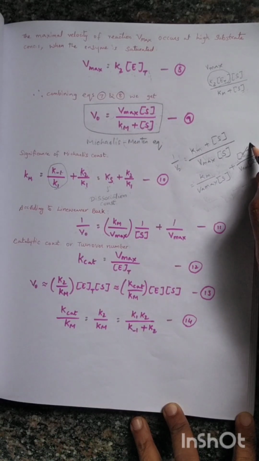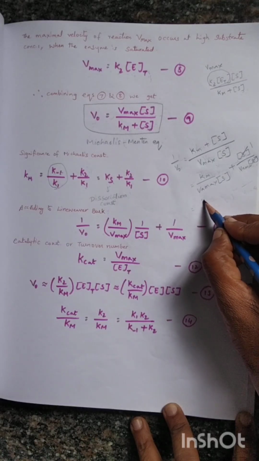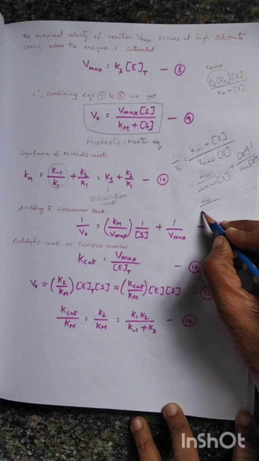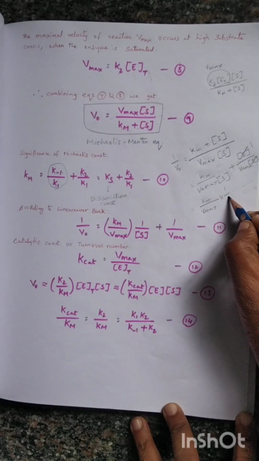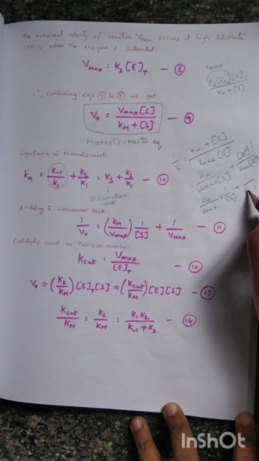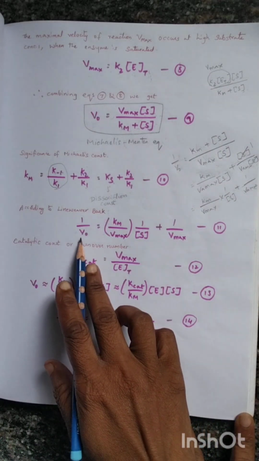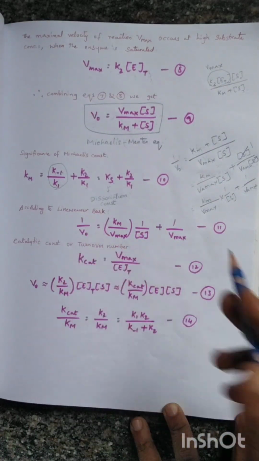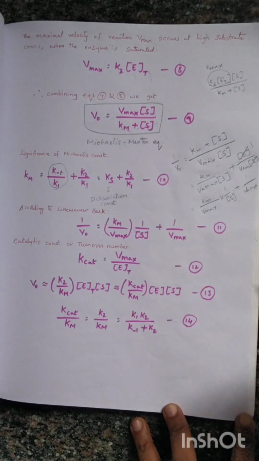These two get cancelled out and we get 1, and it can be rewritten as Km by Vmax into 1 by substrate concentration plus 1 by Vmax. This is the equation of the Lineweaver-Burk plot, exactly the reciprocal of the Michaelis-Menten equation.